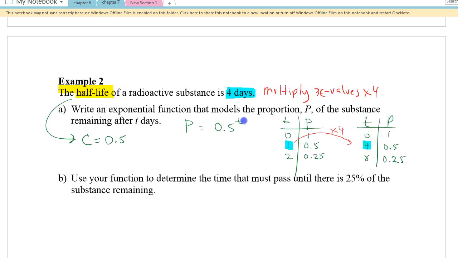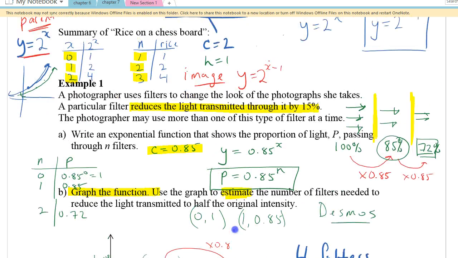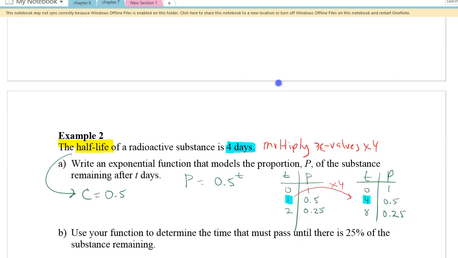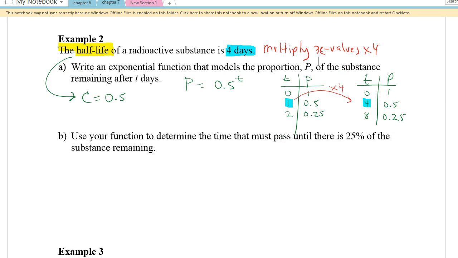How do you multiply x values? Well, just a reminder from the beginning. Oh, I guess I erased all that. It's this b value. It's the b. So if we want to multiply our x values times 4, that means that b is going to be equal to 1 over 4 because you multiply your x values by the reciprocal of b.